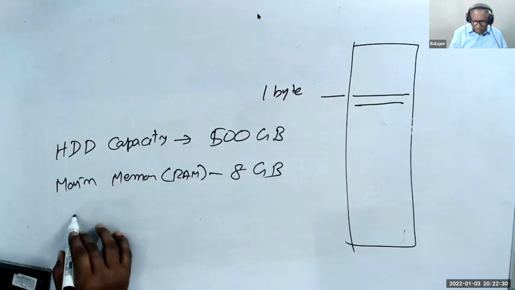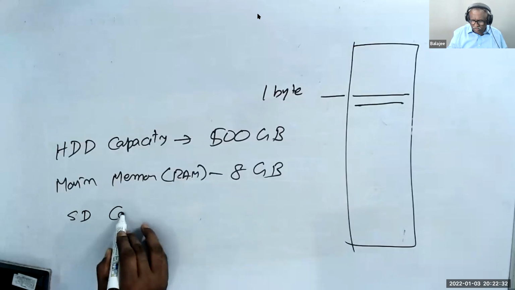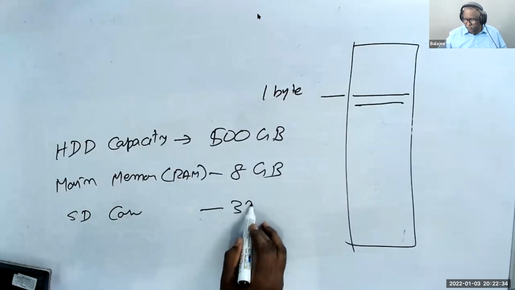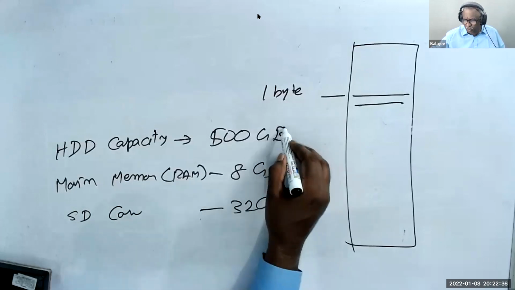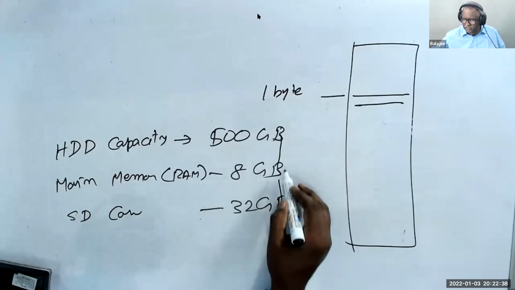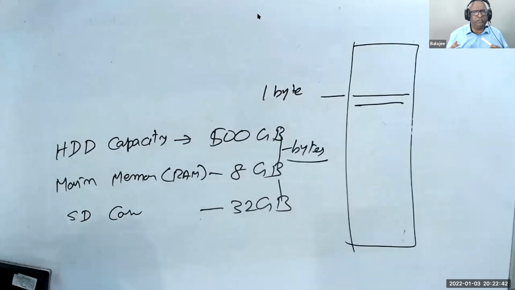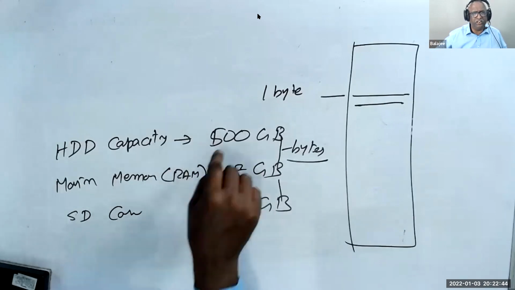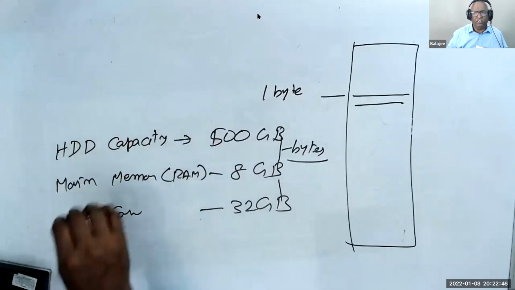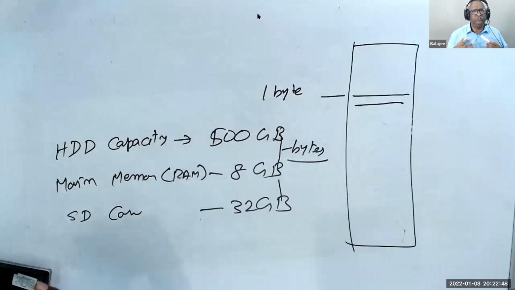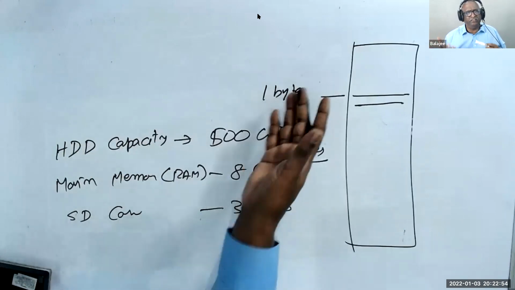Your SD card, you say 32 GB. All these B's are bytes. We always measure all memory capacity in terms of bytes. Byte is the standard here, like a liter, like a kilo, here the standard is byte.